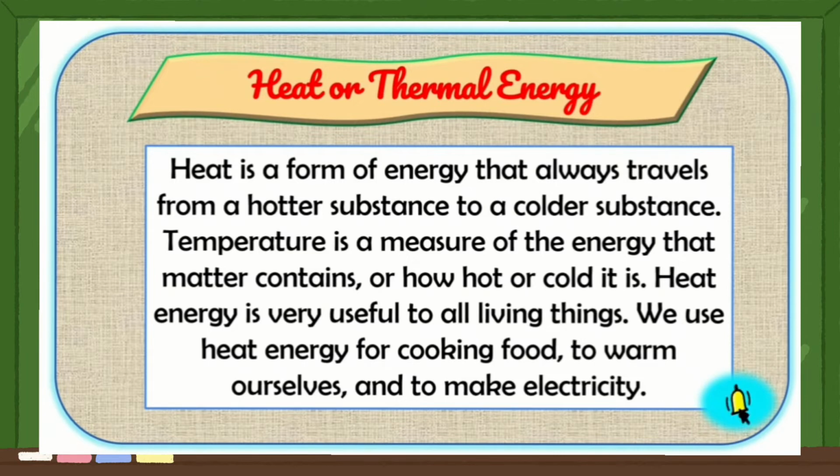So temperature is a measure of the energy that matter contains, or how hot or cold it is. Heat energy is very useful to all living things, which is correct. We use heat energy for cooking food, to warm ourselves, and to make electricity. So here are some examples of heat or thermal energy.